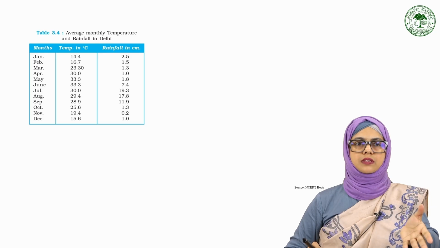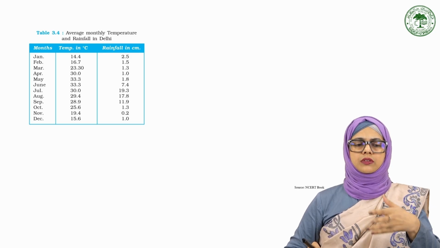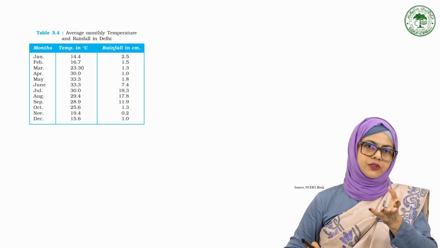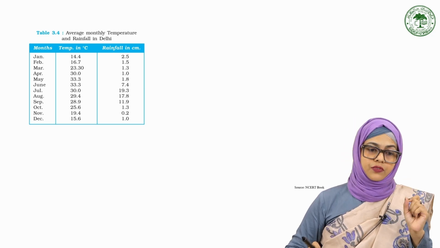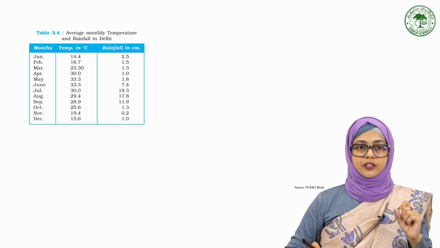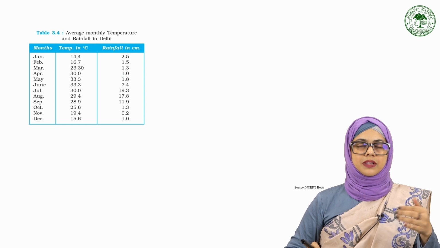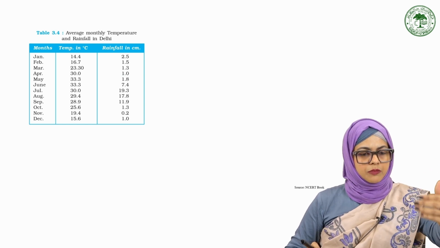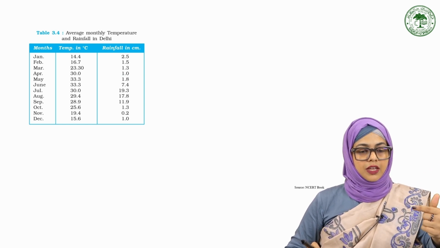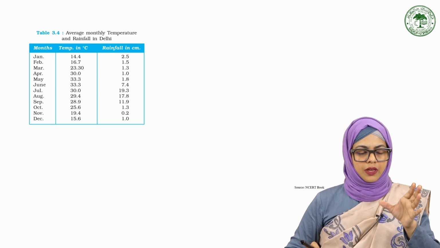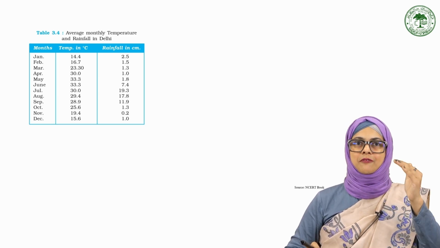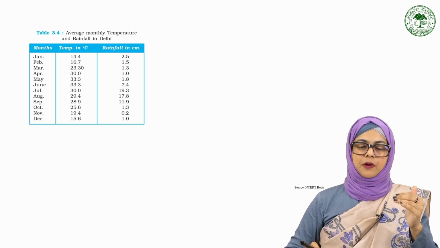This data is about the average monthly temperature and rainfall in Delhi. If I ask which month has the highest rainfall or the highest temperature, it will take time. We are humans, it will take us time to look at the data, and the data is even in decimals. We have to compare which month has the least amount and the highest amount.